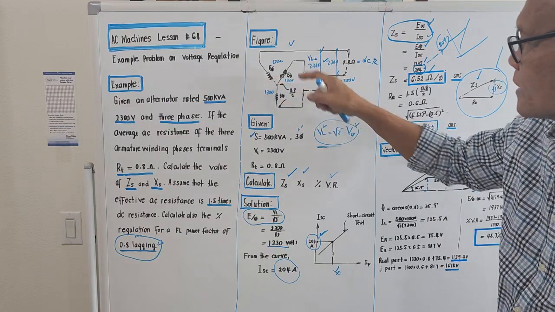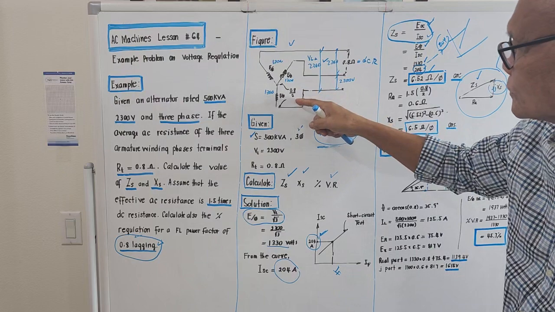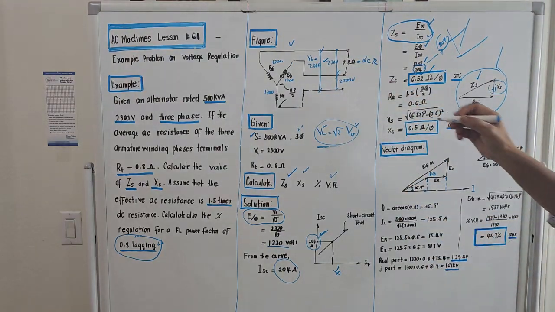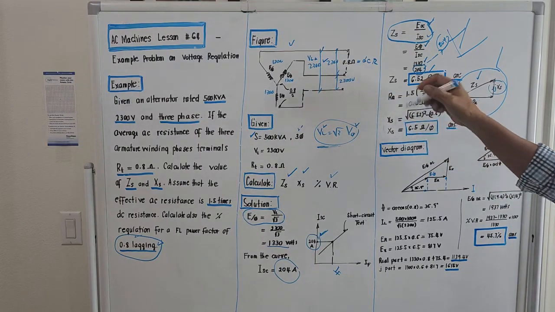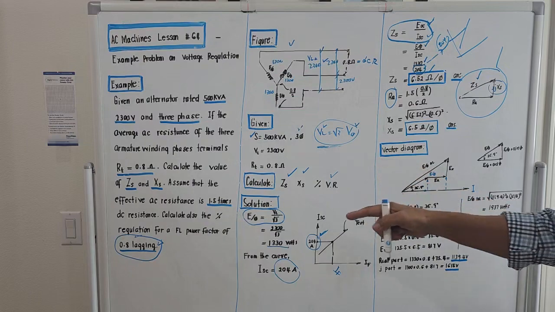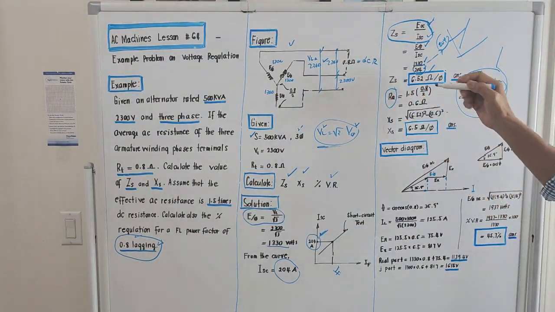So since this is balanced, the resistance per phase will be 0.8 over 2. Then for the effective armature resistance R_A, it was given that it is 1.5 times the measured value here. So it should be 1.5.